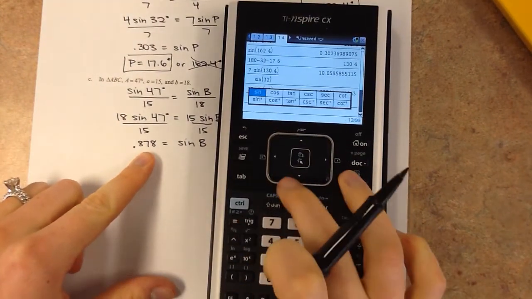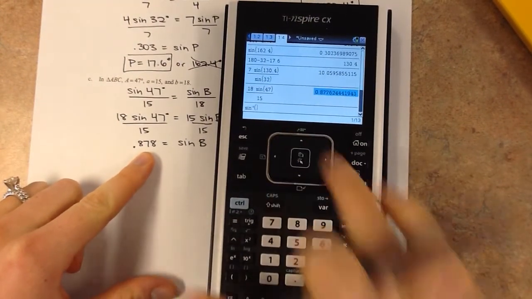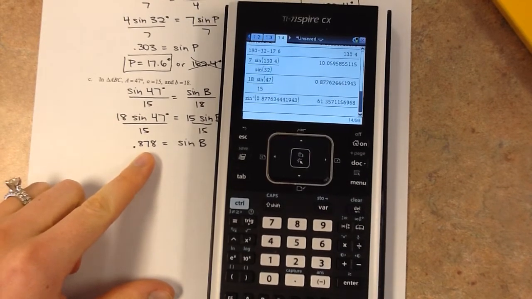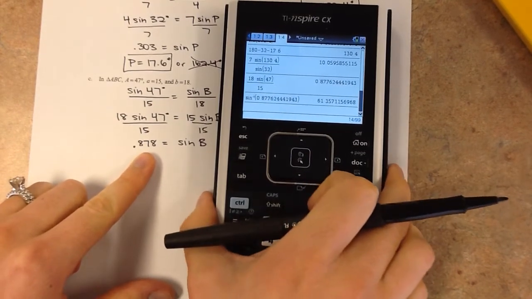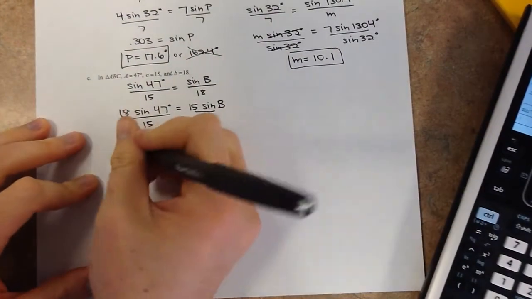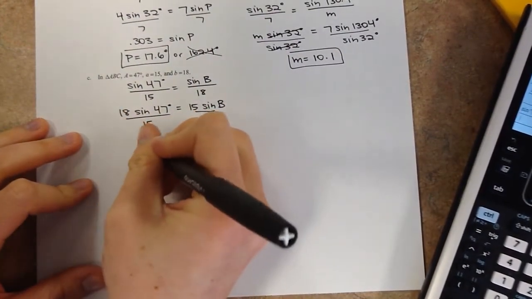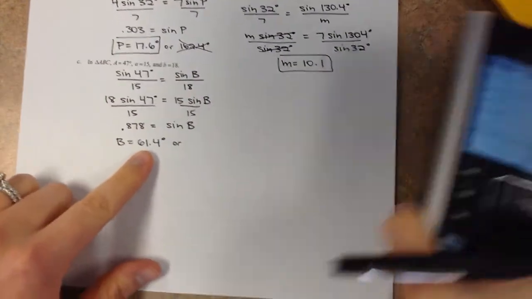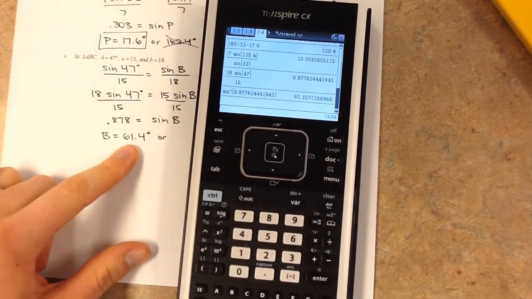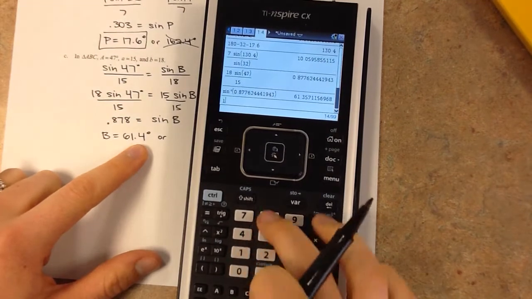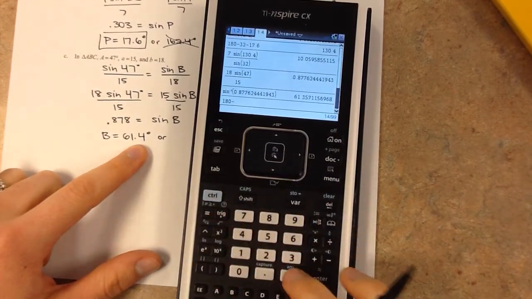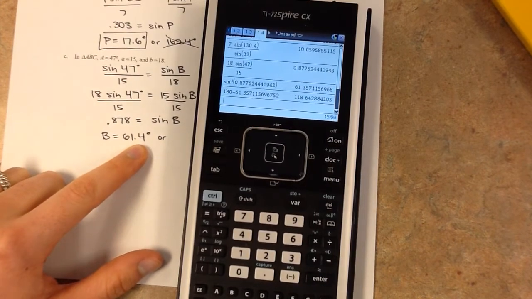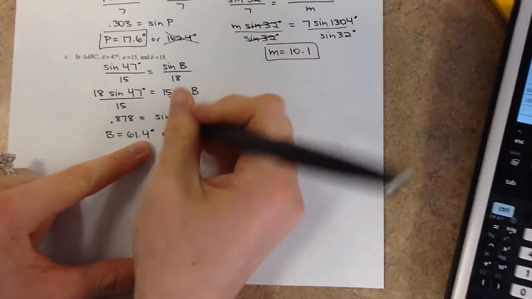To get the most accurate answer, let's just copy and paste this whole value with all the decimal places. So we get 61.4. That's when you can round. So b equals 61.4 degrees. Or, remember, we could have another angle with this as a reference angle, so 180 minus that value. And you could also have 118.6.